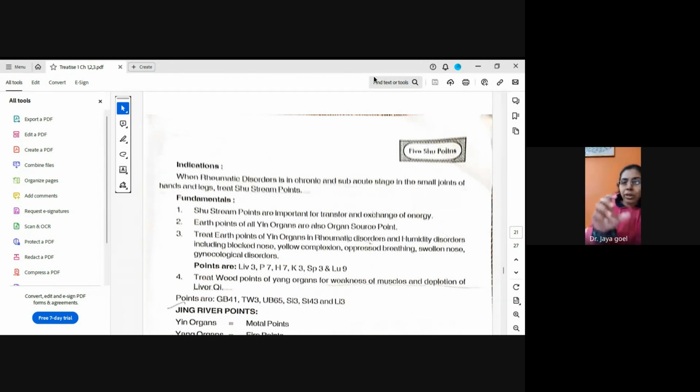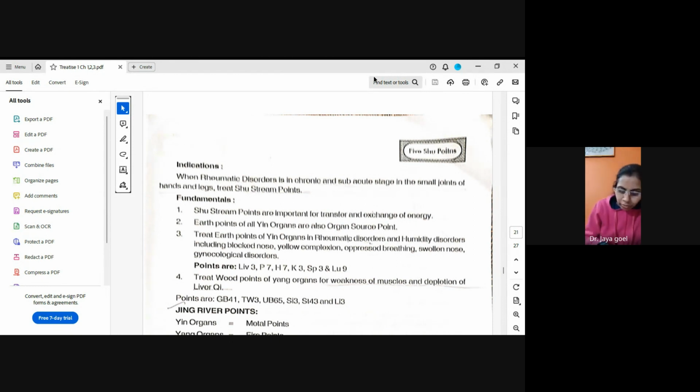First, we indicate the meridian. LIV indicates the liver meridian. The third point of the liver meridian is called liver 3. P7, H7 like heart 7, H for heart, P for pericardium, K for kidney.